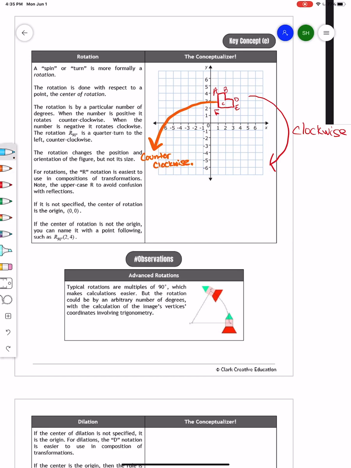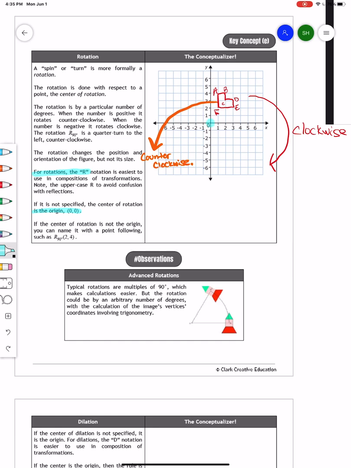When you are spinning or rotating your shape, you will see a big R, so remember that, that's important. The big R notation is telling you which way to rotate. If it is not specified, the center of the rotation is always the origin. So if it's not telling you to rotate at a point or from a line like y equals 3 or x equals 3, then you're always going to rotate from the origin.